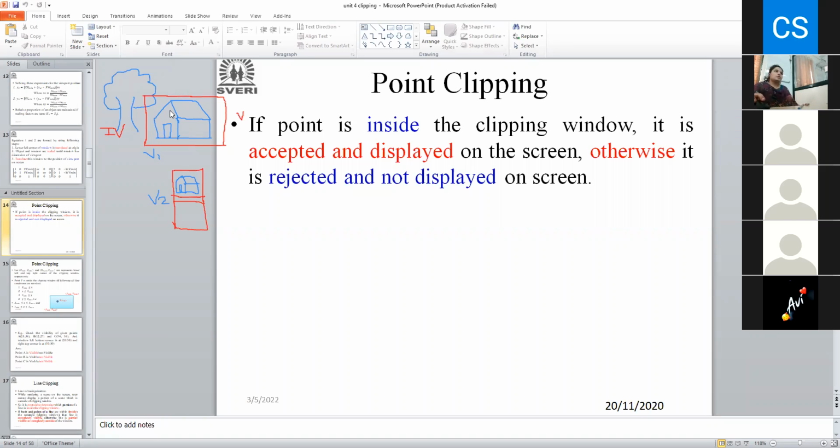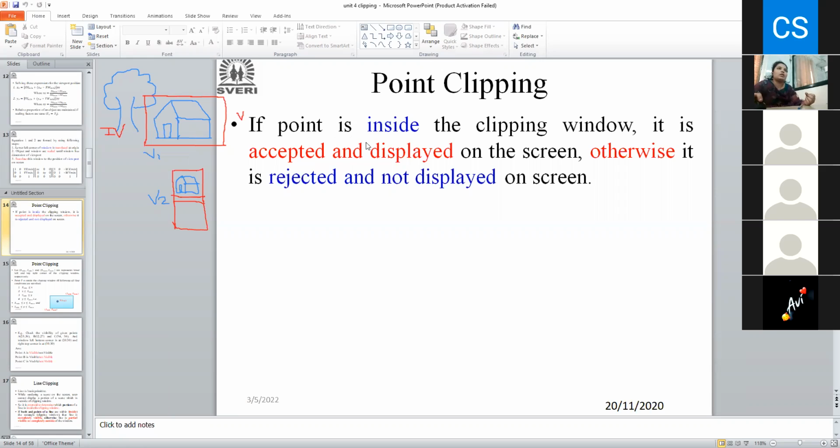So with respect to this, clipping means the house and small portion of the tree is visible. So we are going to accept it for the display on our device, and the remaining portion of the tree is outside the window, and that's why we can remove that, we can clip that, or we can delete that, reject that, so that it will not be the portion on my viewport. Okay, so that is called as clipping.